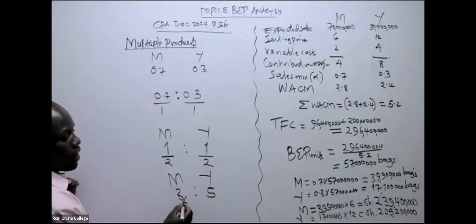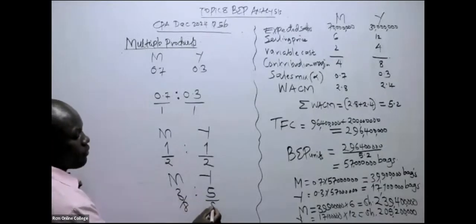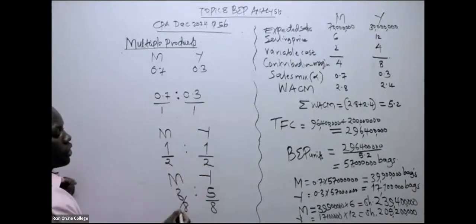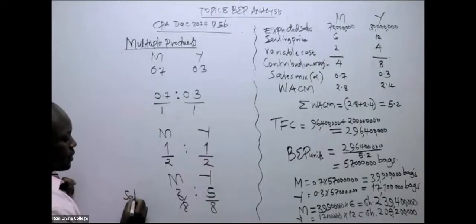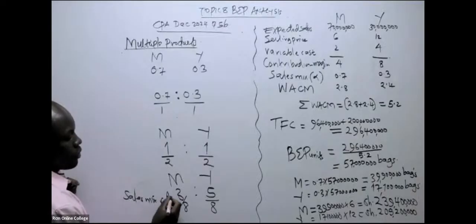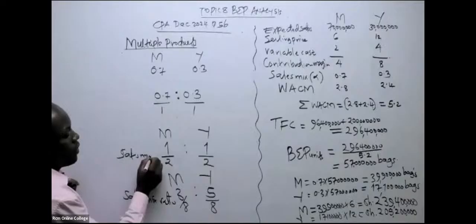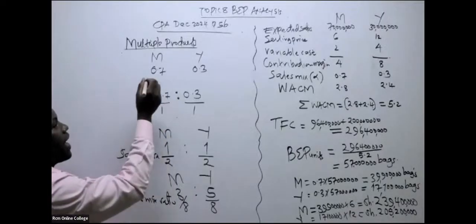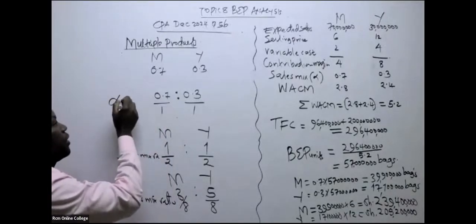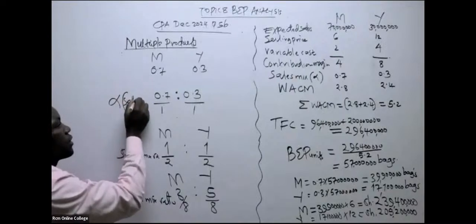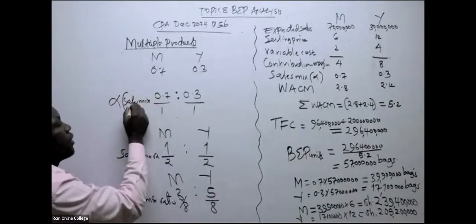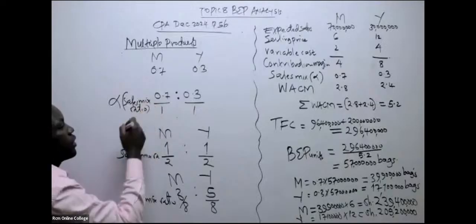So it is 3/8, 5/8. This is now the sales mix ratio. This will be the alpha, or sales mix ratio.